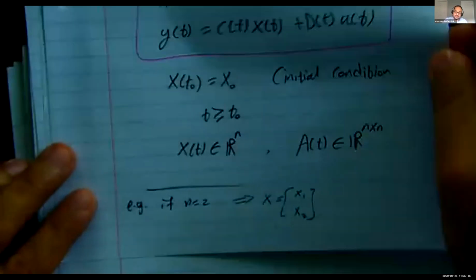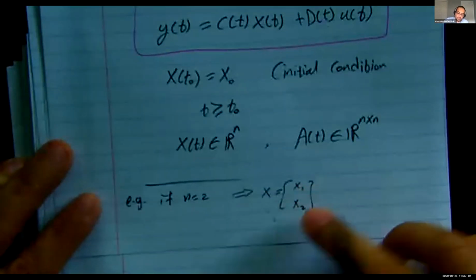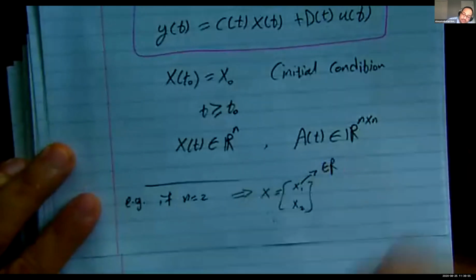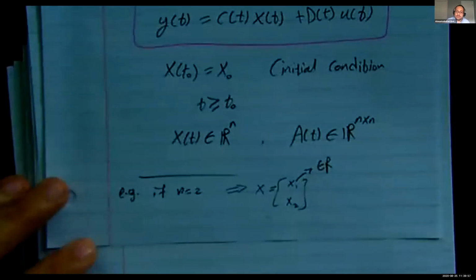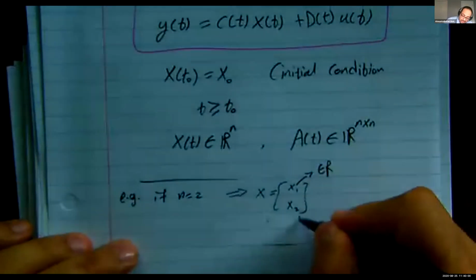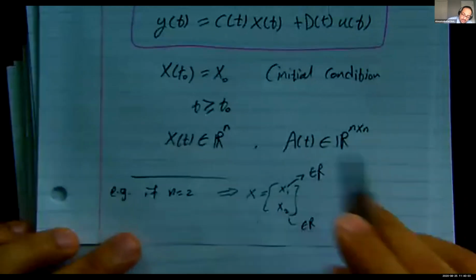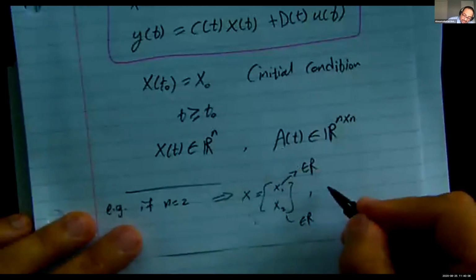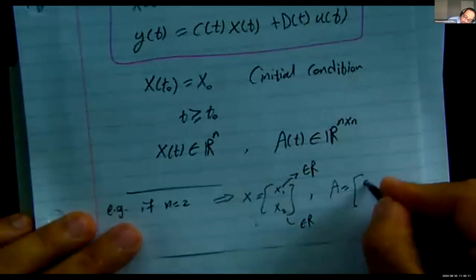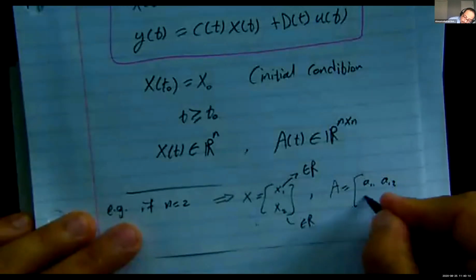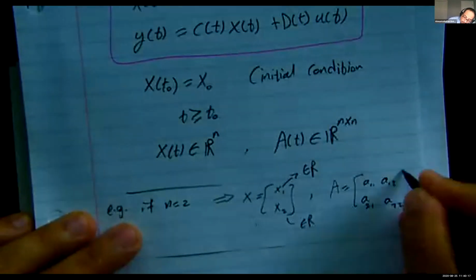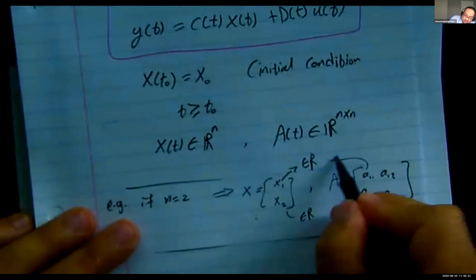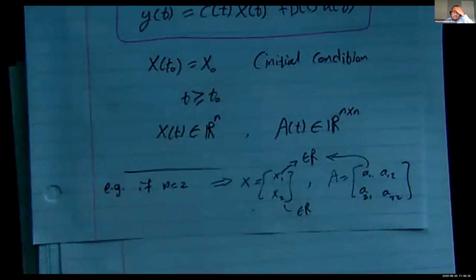It's a column vector with 2 components, x1 and x2, and each component belongs to the real numbers. And A is going to be A11, A12, A21, A22, because it's 2 by 2, and each element of the matrix A is also a real number.